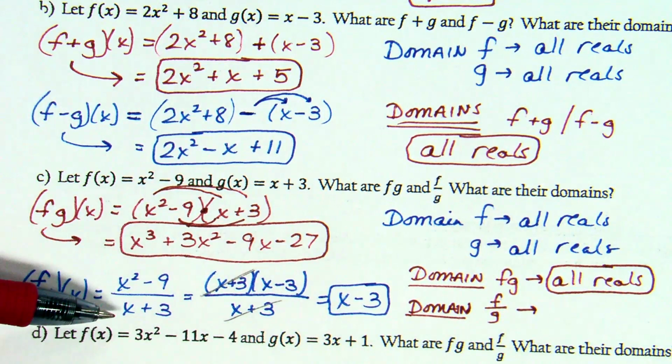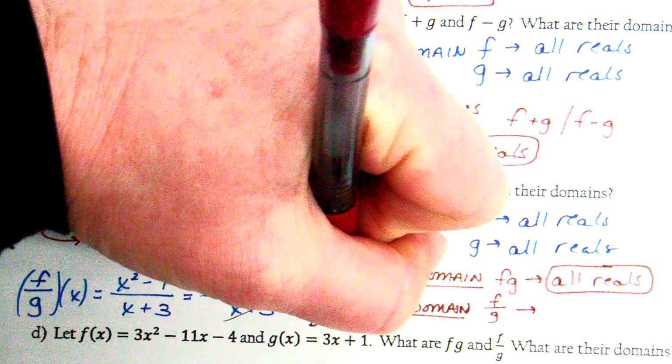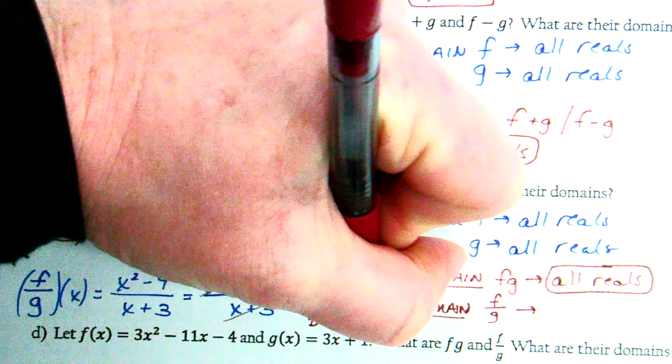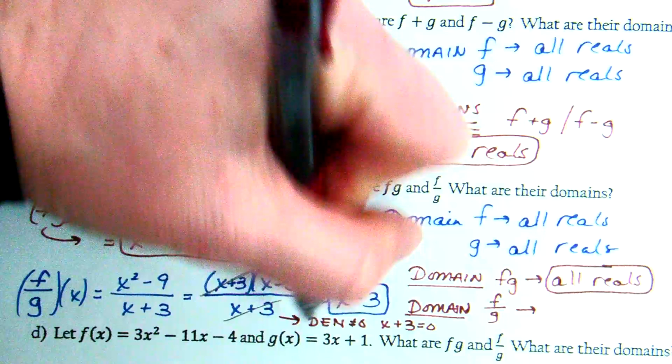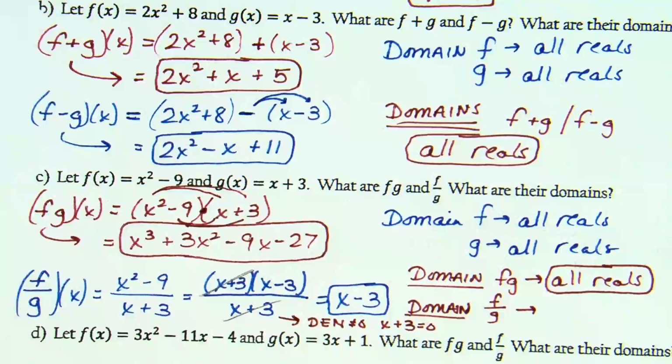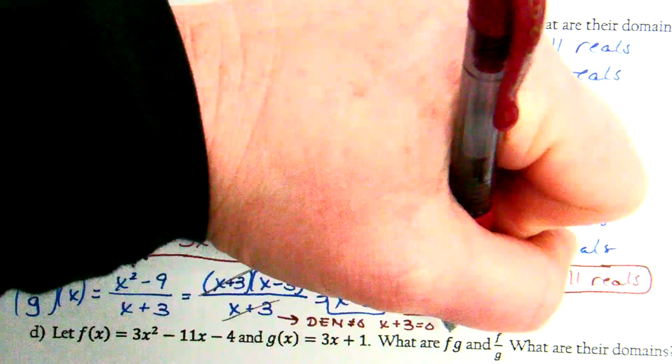Take your denominator and set it equal to 0. That will find the missing value. Since my denominator cannot equal 0, I'm going to set x plus 3 equal to 0. Even though we canceled it out, we still have to consider it. And if we set x plus 3 equal to 0 and solve, x equals negative 3.